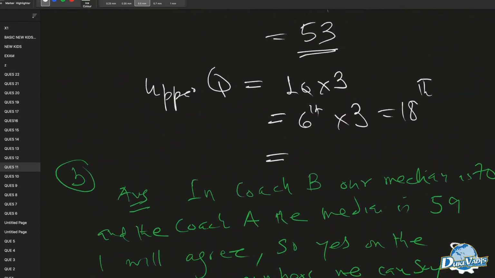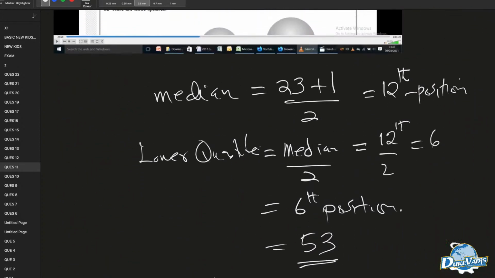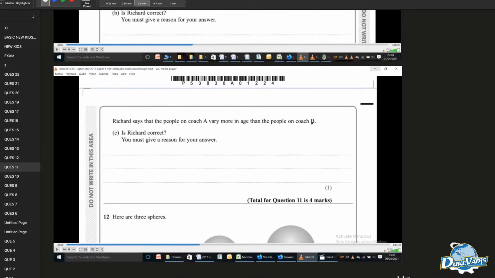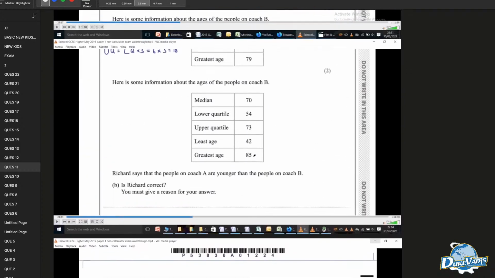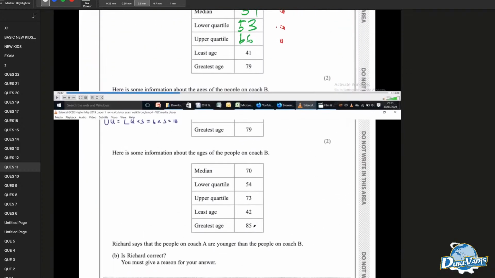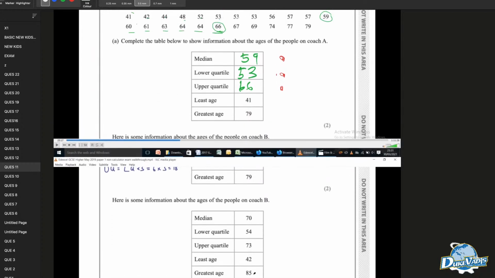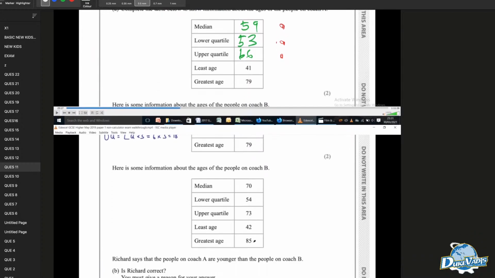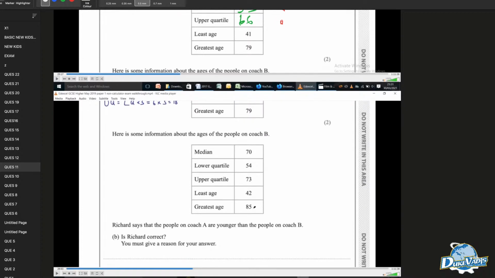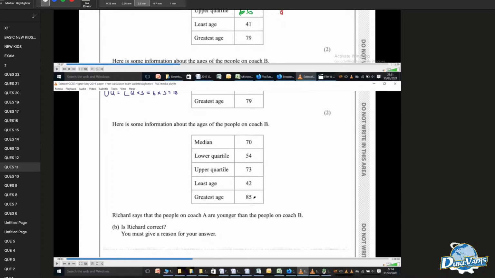Greatest age is 79, and the lowest age is 41. And for B, it is 85 and 42.